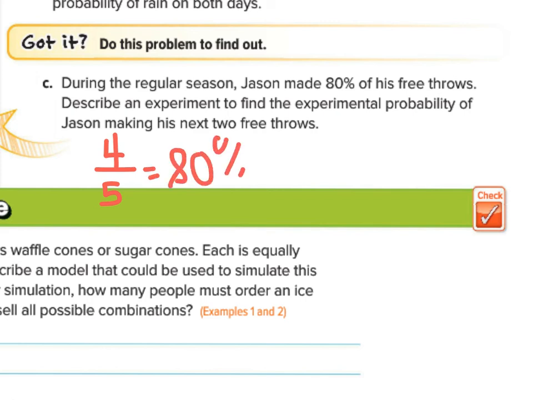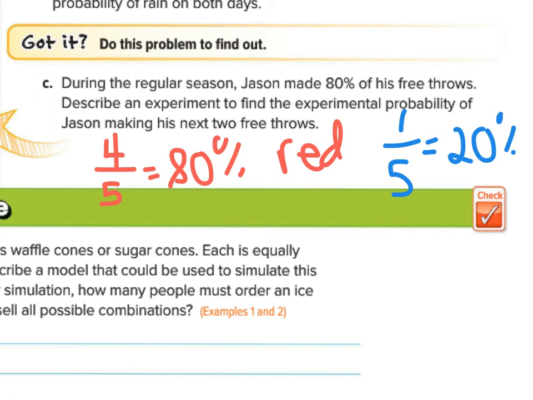Let's just make these the red ones. And 1 out of 5 marbles, which is the other 20%, is him not making it. So he made 80% of his free throws. If he picks out a red marble, it means he makes the next throw. If he picks out a blue marble, it means he doesn't make it.